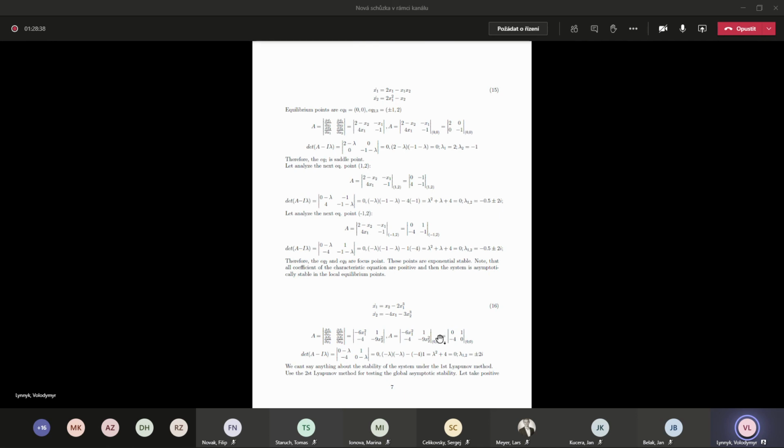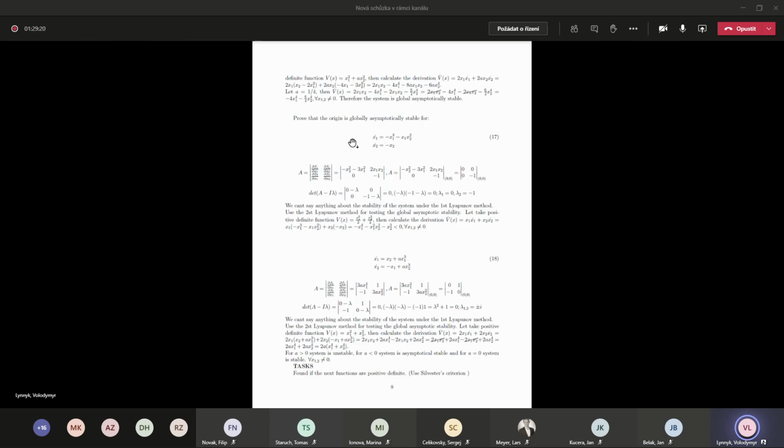At the point (0, 0), the characteristic equation is lambda squared plus 4 equals 0, and therefore lambda 1,2 equals plus minus 2j. We cannot say anything about the stability of the system under the first Lyapunov method. We need to use the second Lyapunov method to test the global asymptotic or exponential stability of the system.